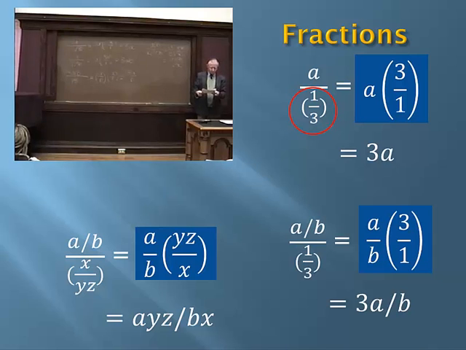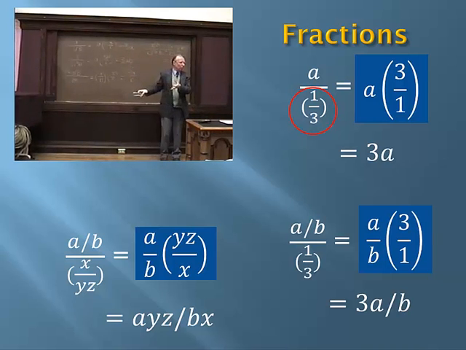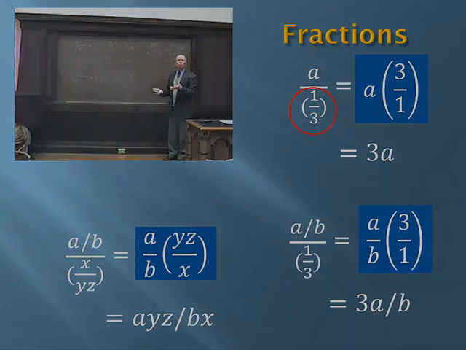Okay. And actually, that's all the fraction stuff that I could think of that you really need to understand. This is a particular manipulation, shall we call it, that people often get confused about, and I thought it'd be worth reminding.